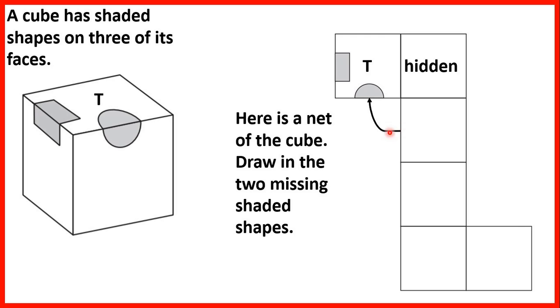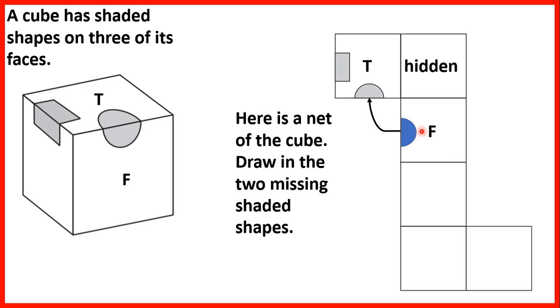Now this face will fold around, so this edge will meet this edge, and this face is the face at the front. So on this face we have a semicircle, so we need to draw our semicircle here. That way when the 2 edges join together, we'll have a circle like we see here.